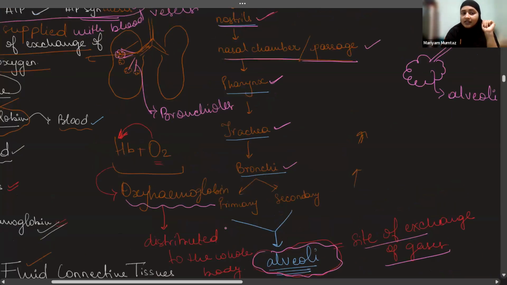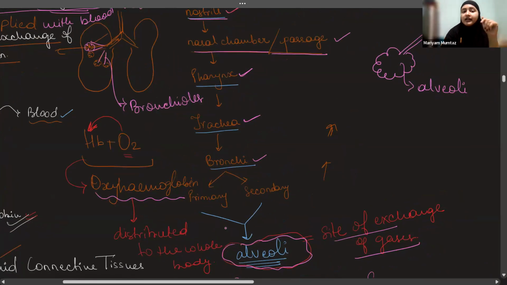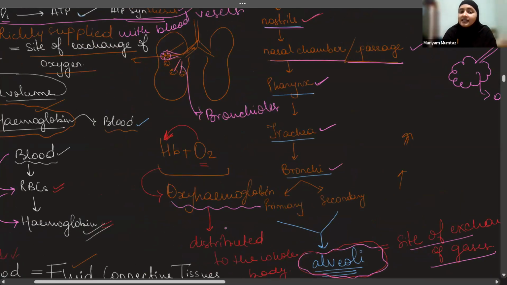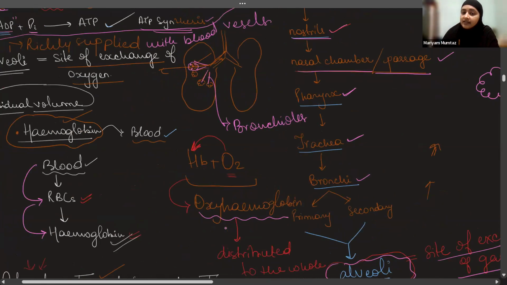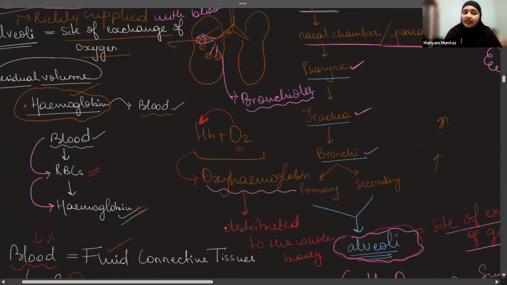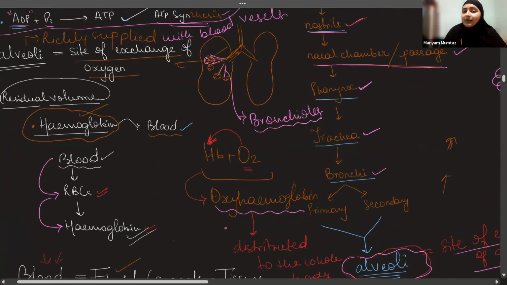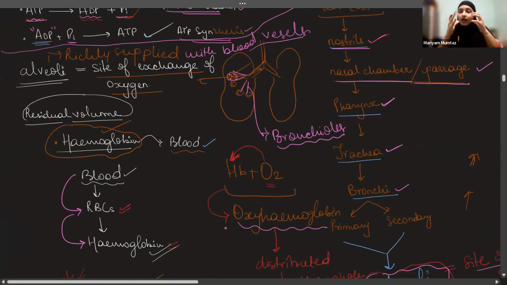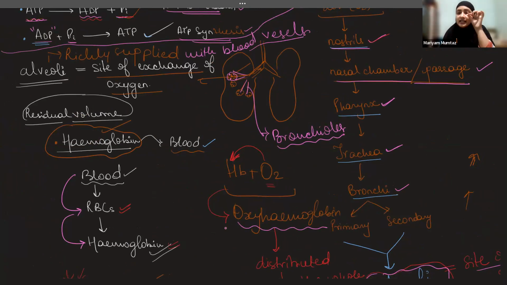After the bronchi divides into primary and secondary, lastly there are the tiny bronchi known as bronchioles, which lead into the alveoli. Now, alveoli is richly supplied with blood vessels. It is surrounded by blood vessels and has a very thin membrane.